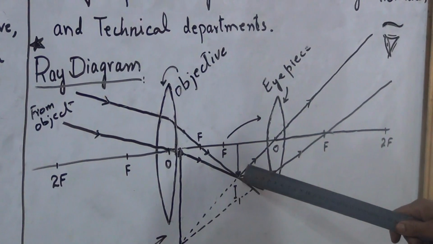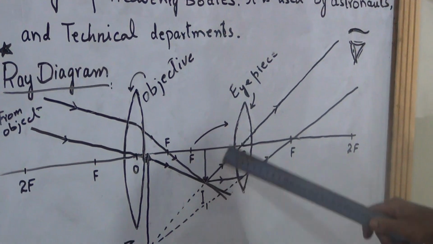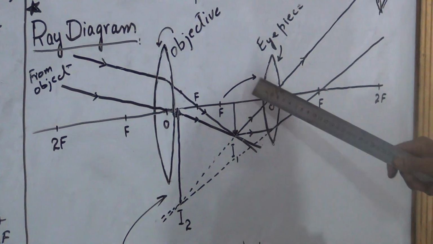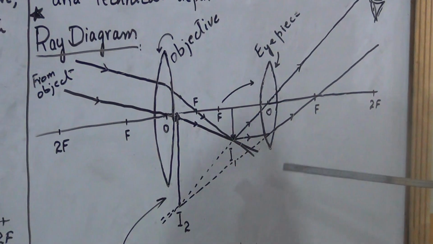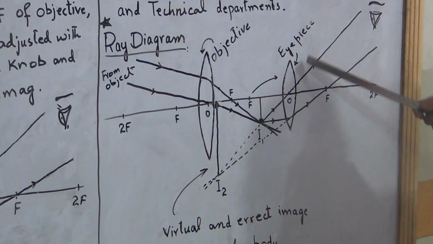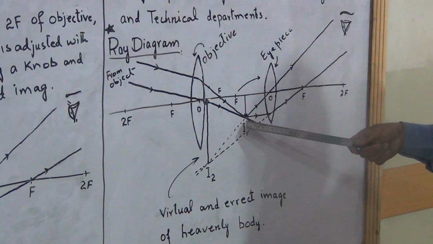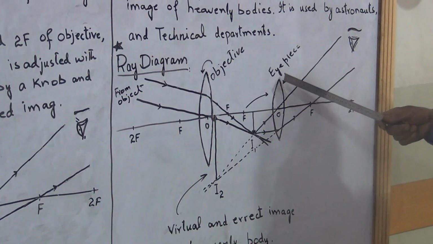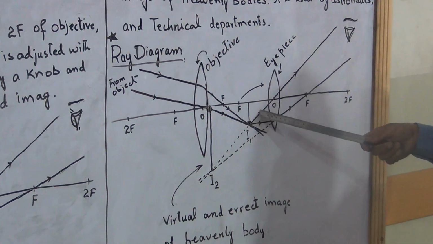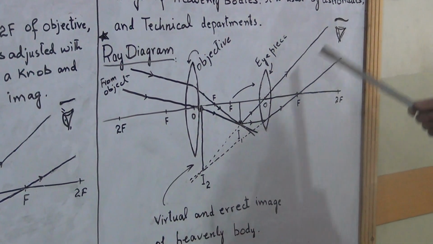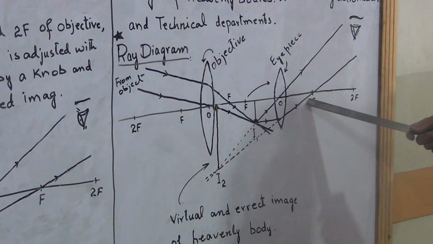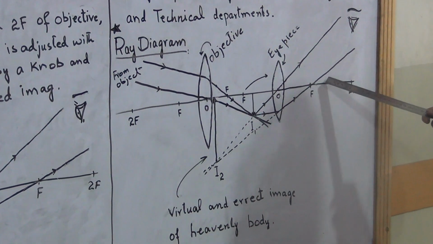Both the rays intersect each other and a real inverted image is formed, named I1. This I1 is taken within the focal length of the eyepiece by adjusting it. So I1 is the object for the eyepiece. We take two rays, one ray passing through the optical center and the other ray parallel to the principal axis, which passes through the principal focus or focal point.